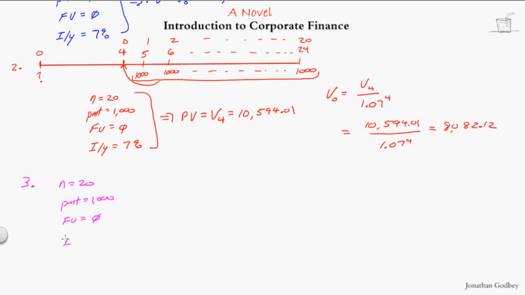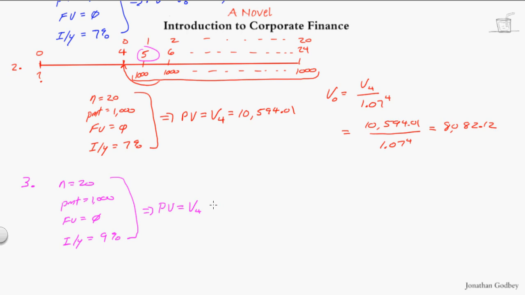The only difference here is the interest rate is not 7%, it's equal to 9%. So these are riskier cash flows, we could say, because the interest rate is higher. So when I plug this in and press the present value key, it still gives me the value at year 4, because when did the payments start?